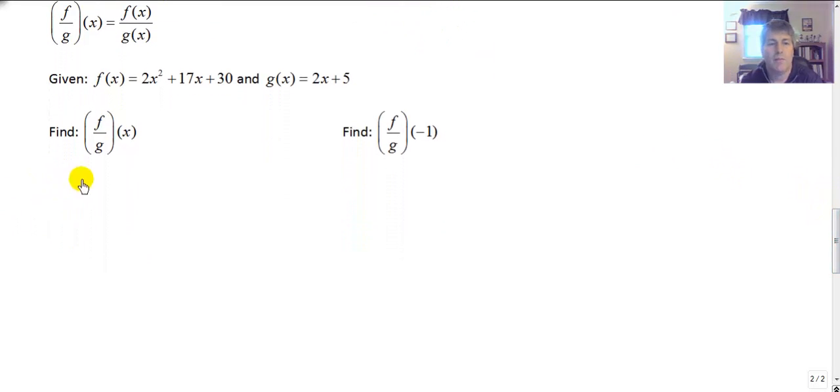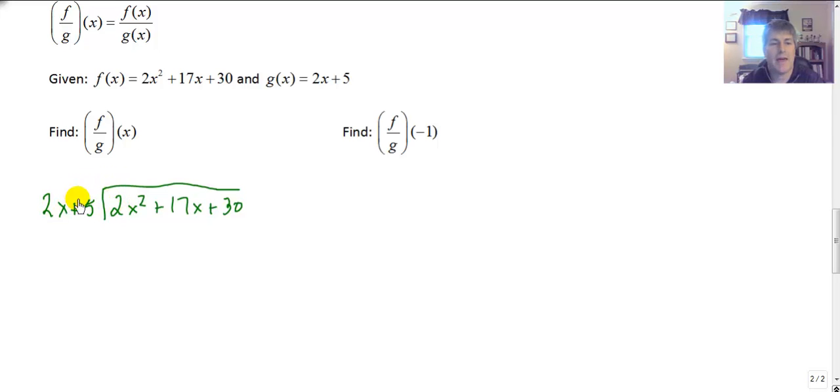So, for example, this is asking us to perform this division, 2x plus 5 divided into 2x squared plus 17x plus 30. And it's asking for our answer in terms of x.